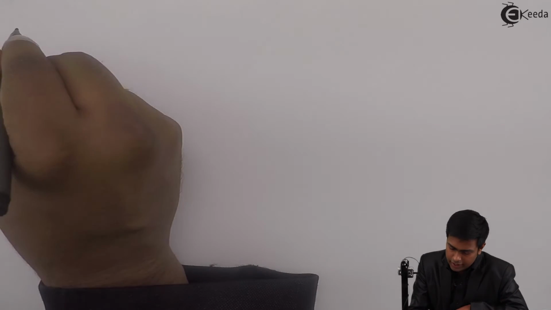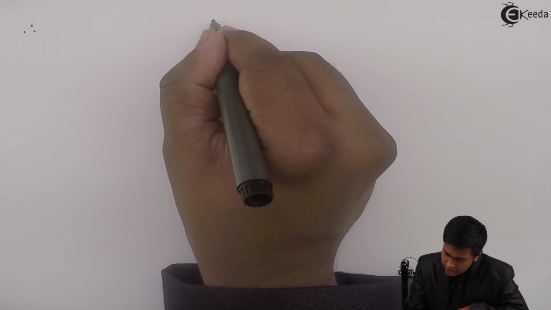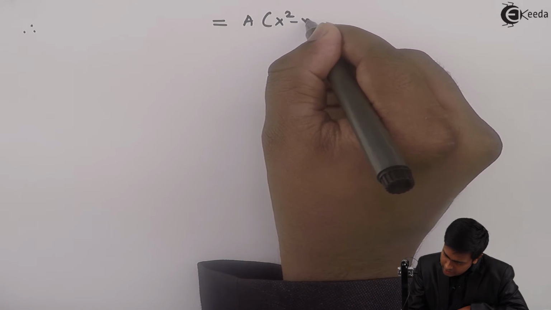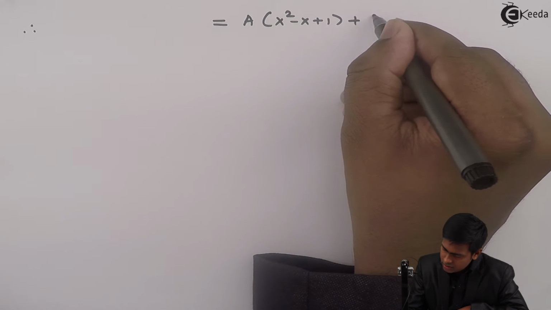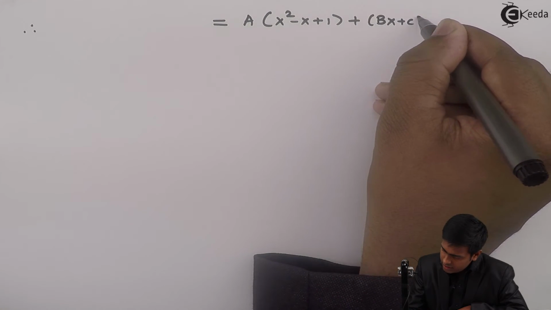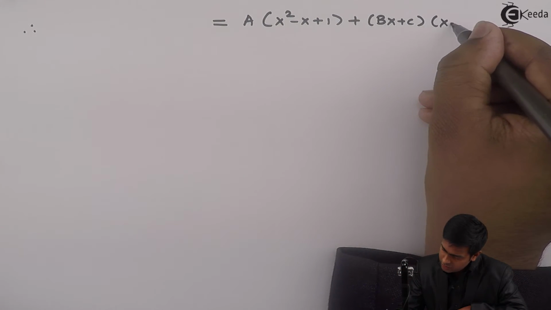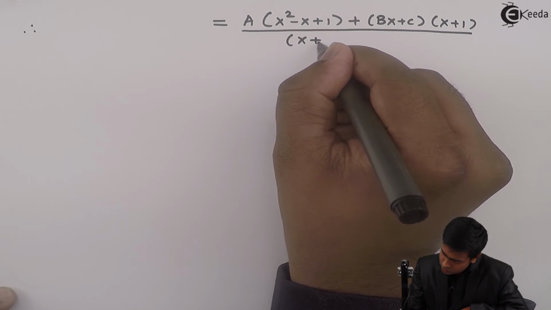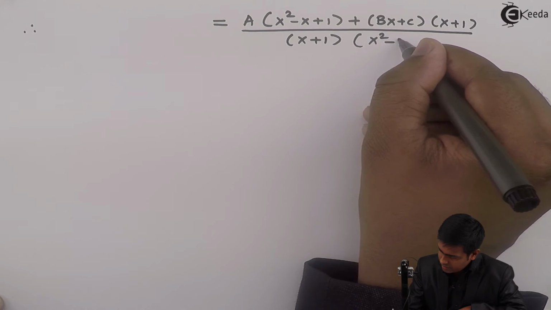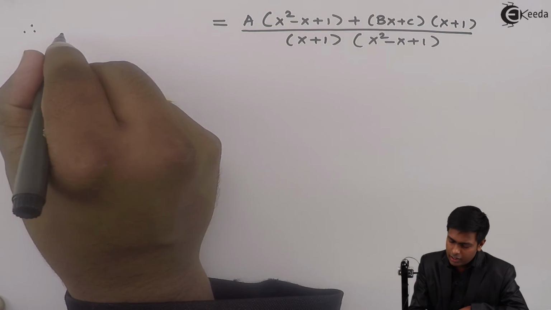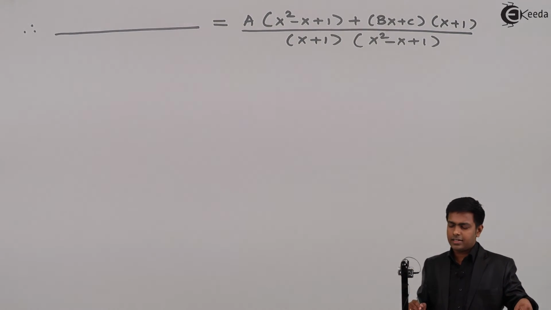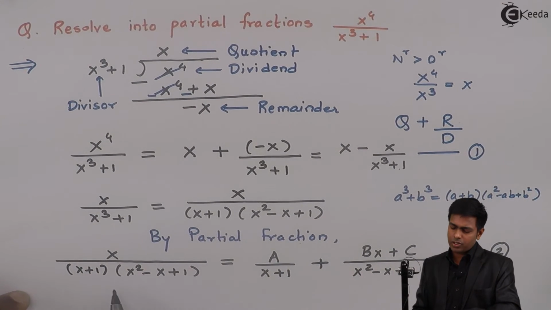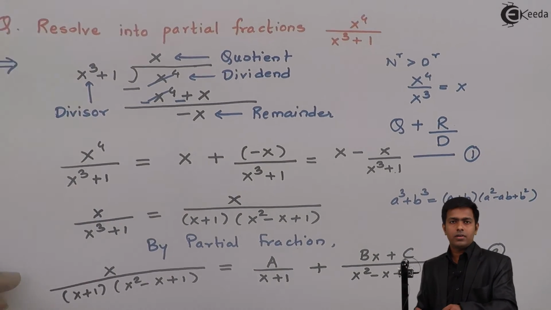Therefore on the right hand side we will get a into x square minus x plus 1 plus bx plus c into x plus 1 whole upon x plus 1 x square minus x plus 1, and I will copy down the left hand side as it is. So the left hand side is x upon x plus 1 x square minus x plus 1.